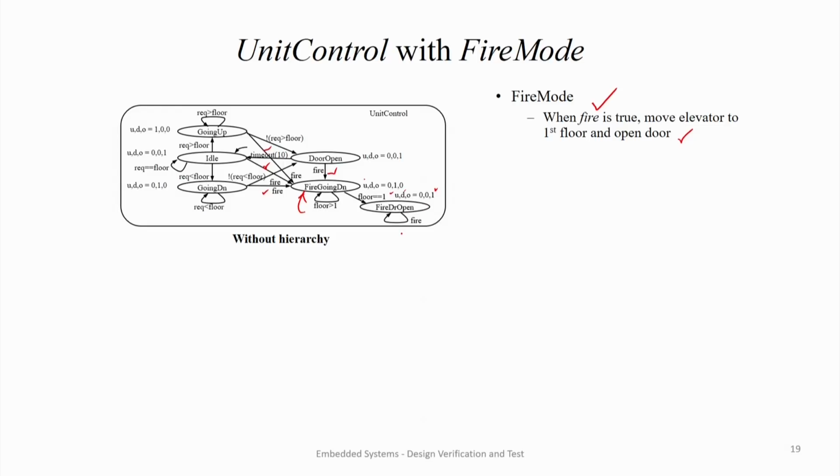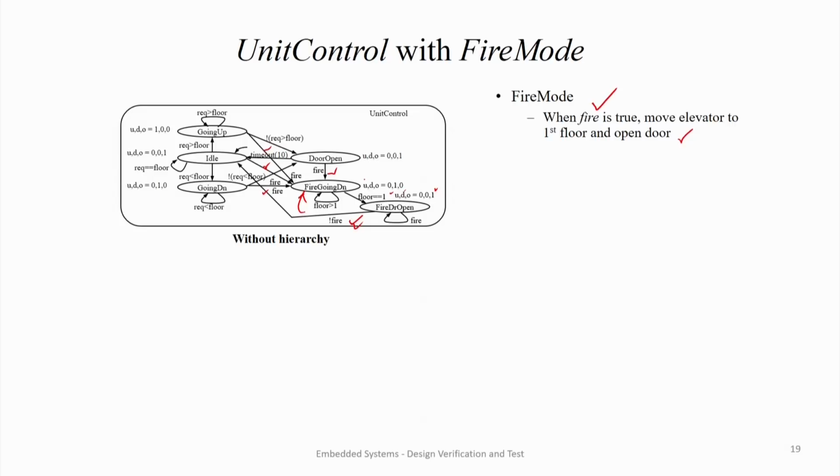So, after you do not have fire, then what happens? Then when the fire is extinguished, you go back to the idle state of the original state machine. So, when you have fire, you will have explicit fire transitions from each of the states of the original state machine to the fire going down, in which case the elevator will progressively go down to the first floor.